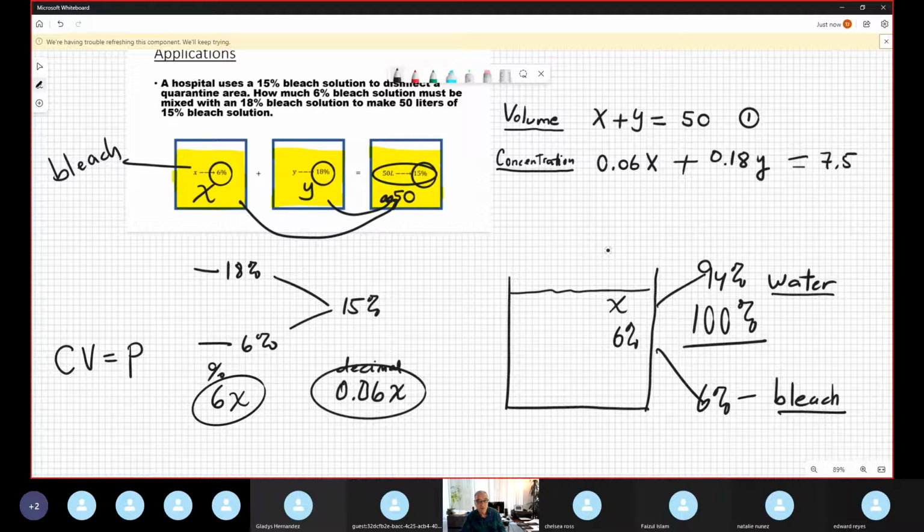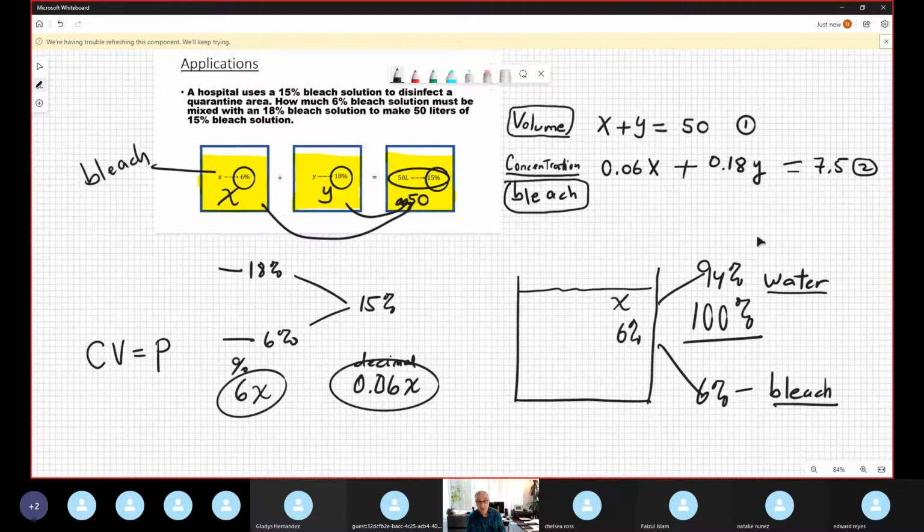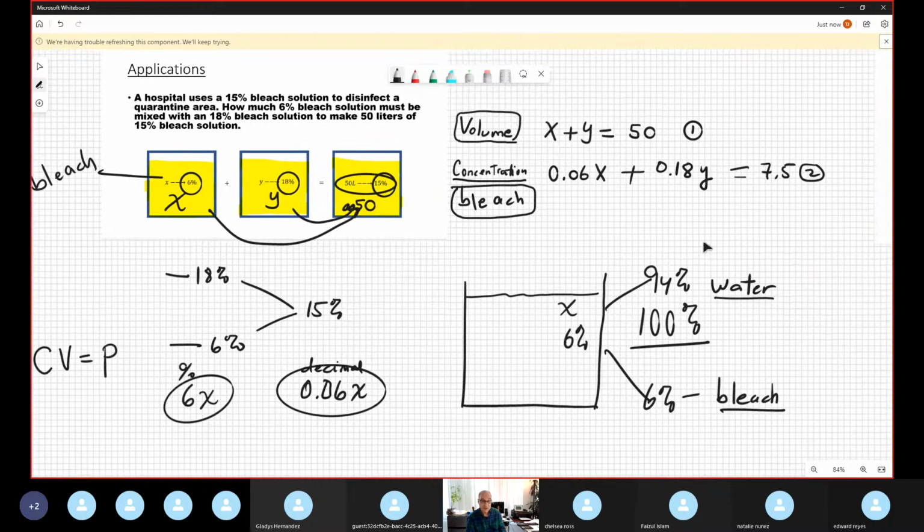And 7.5, I suppose, is not the total volume, but specifically only the bleach. O sea, we have one equation that represents total volume, including water, and one equation that is just the bleach, which is the second equation. Let me call it equation 2. However, in my personal opinion, it's easier in percentage.